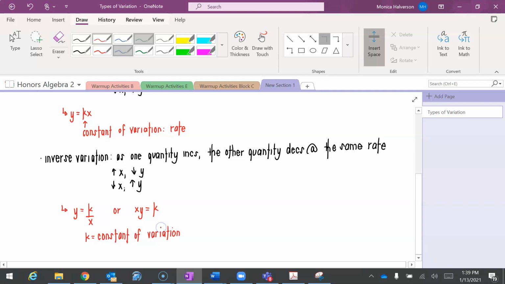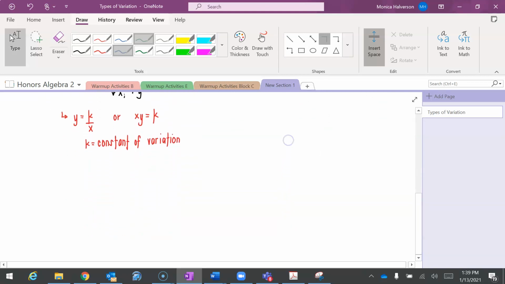All right. So the first thing we're going to look at is how to identify it from data. So let's say I gave you the data table X, Y, and I give you 2, 15, 4, 7.5, 10, 3, and 15, 2.